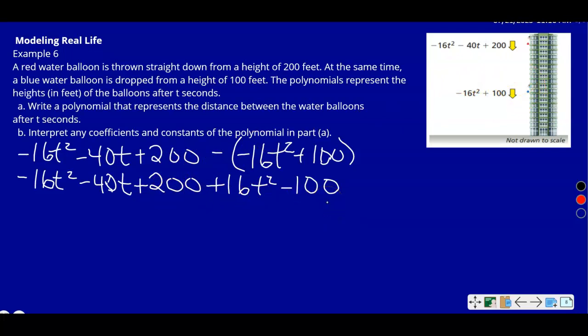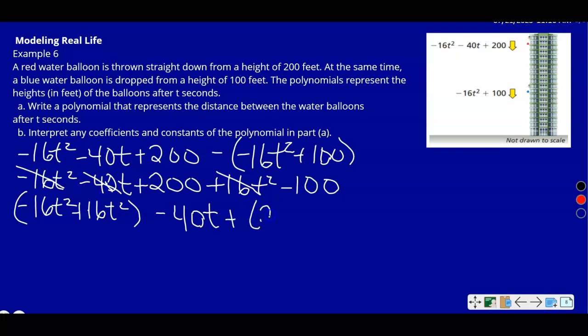So we're going to have negative 16t squared and plus 16t squared. Then I have negative 40t. There is nothing to combine it with, so I'm just going to leave it by itself. And then I'm going to have plus 200 and minus 100.